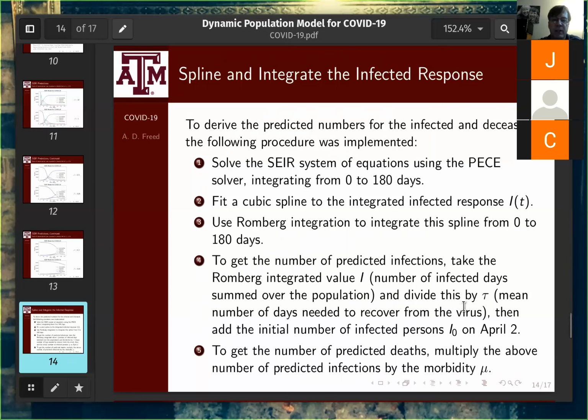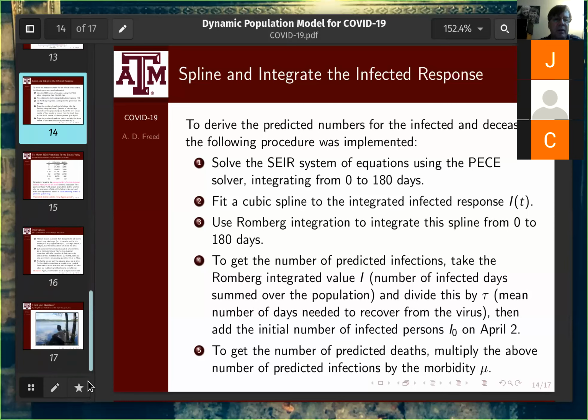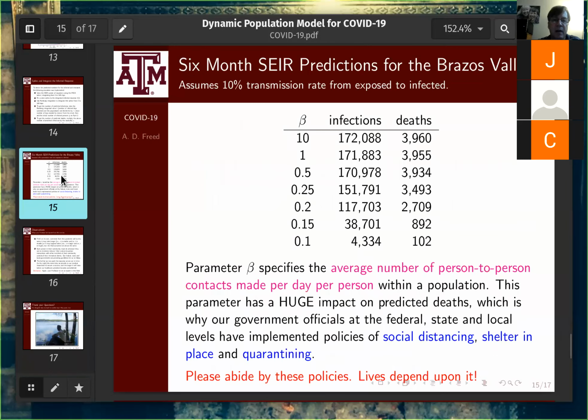So then when you do that, that gives you the number of infected from April 2nd to 180 days later. So to get the actual numbers, I have to add my initial condition in there. And now that I have my number of infected, I can multiply it by my morbidity rate, which is 2.4% for the United States. And from that, I can get a prediction on the number of deaths that one might expect to see if the disease is allowed to progress largely unchecked or unmitigated.